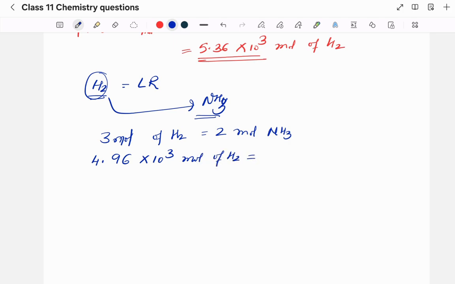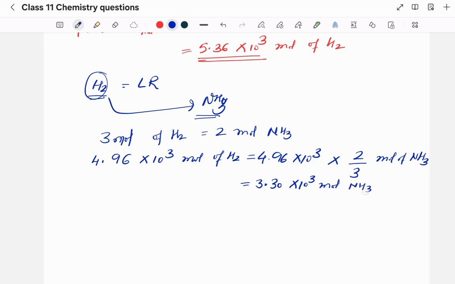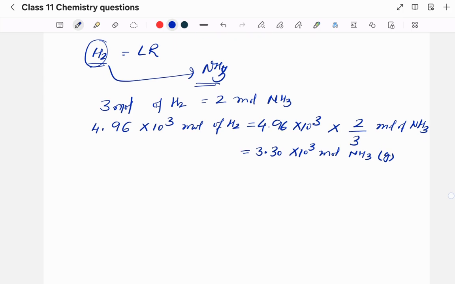How much ammonia will it give? This becomes 4.96 into 10 to the power 3, multiplied by 2 divided by 3, moles of ammonia. If we calculate it, it becomes almost 3.30 into 10 to the power 3 moles of ammonia gas.